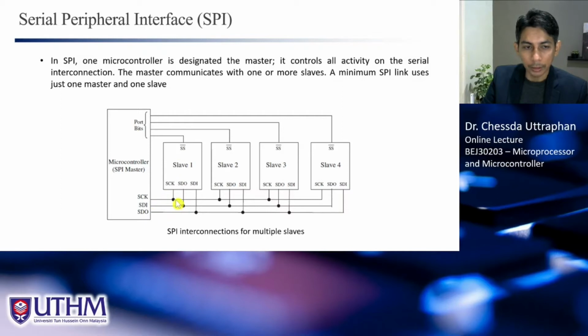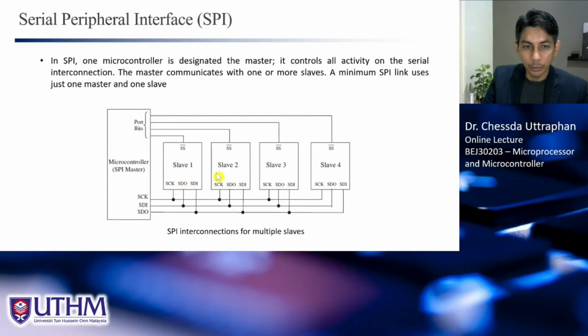This is a must because these are the lines that we use to communicate with the slave, and we have one extra line here to activate this slave. So we need to have 4 wires in order to have this communication.